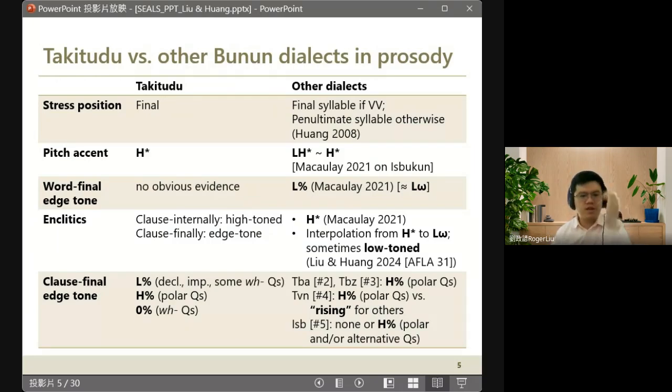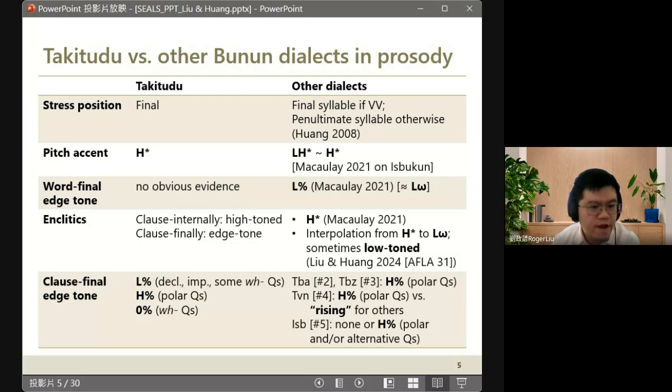To compare Takitudu with other Bunun dialects in terms of prosody, Takitudu is special because the stress position of Takitudu is final, while the other dialects have a default penultimate stress unless the final syllable is a heavy one. The pitch accent of Takitudu is quite clearly an H star, while the other dialects exhibit more variation between the LH or rising tone versus the high level tone.